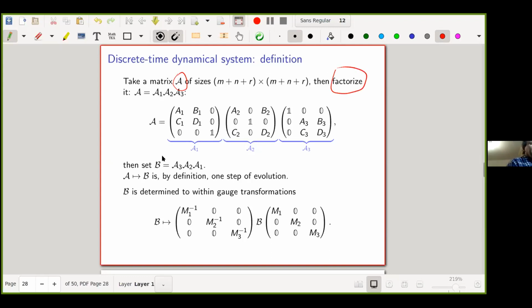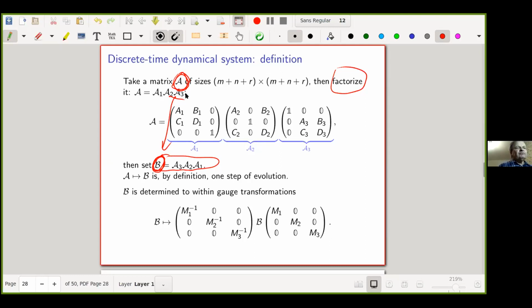After this, we reverse the order of its factors and make a new matrix called B beautiful. So we took this A beautiful, and then we made this B beautiful. This is by definition one step of evolution of this dynamical system. Of course, it goes again up to some gauge transformations.